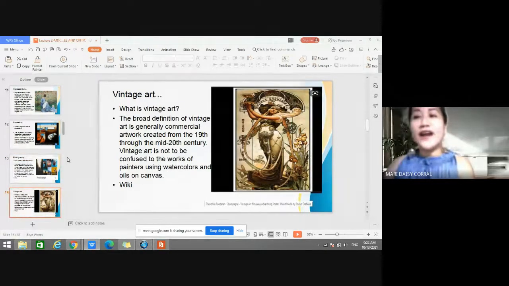The vintage art is very similar to Baroque. Let me define this one. The broad definition of vintage art is generally commercial artwork created from the 19th through the 20th century. So that means this is almost part of the contemporary or popular art. Vintage art is not to be confused with the works of painters using watercolors and oils on canvas.